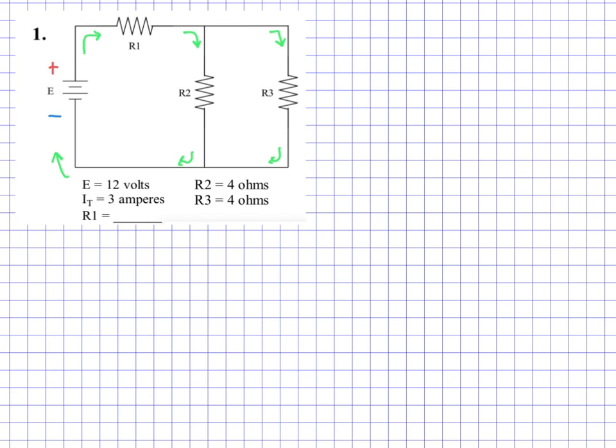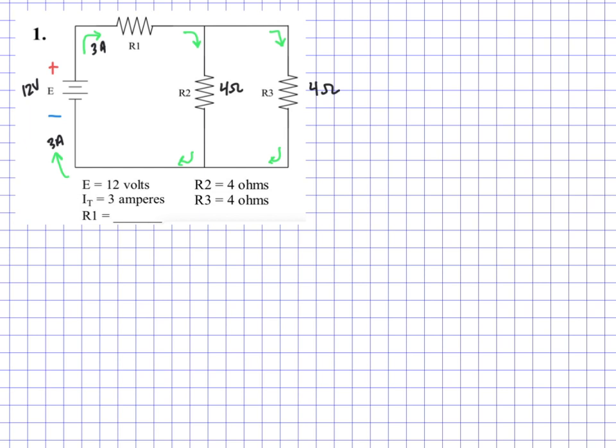We can also plug in here the values to make it a little bit easier. So we'll put over here 12 volts, and then our total current is established as 3 amps coming out. So we know we got 3 amps coming back. And then R2 is 4 ohms, and then R3 is 4 ohms, but we don't know what R1 is.